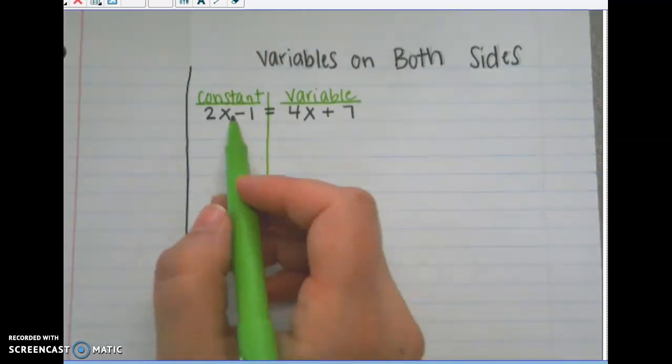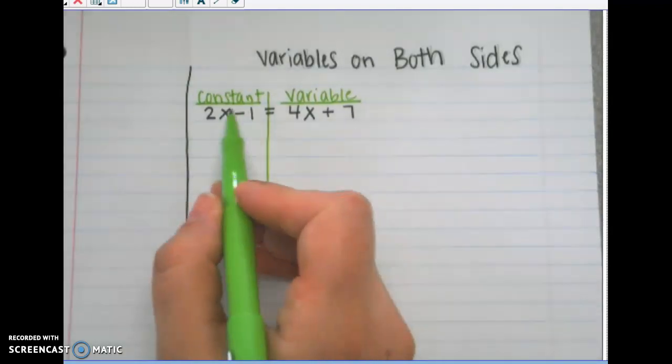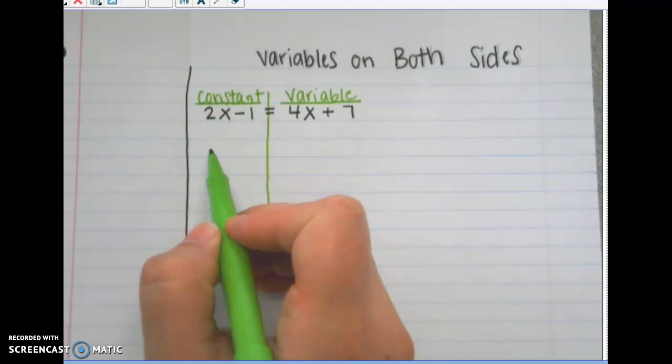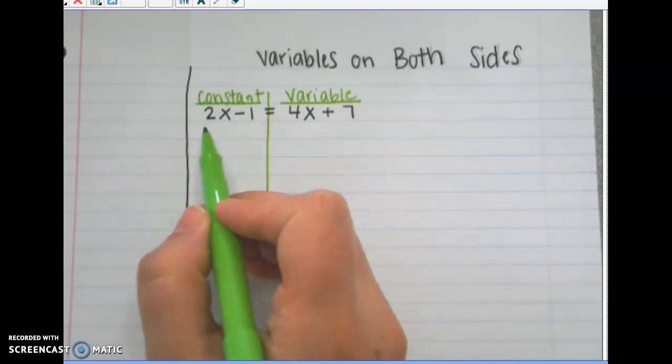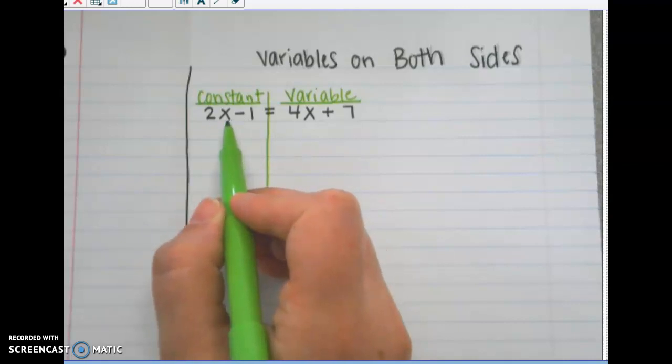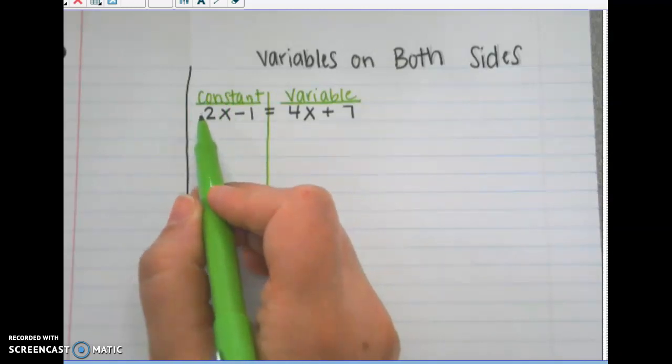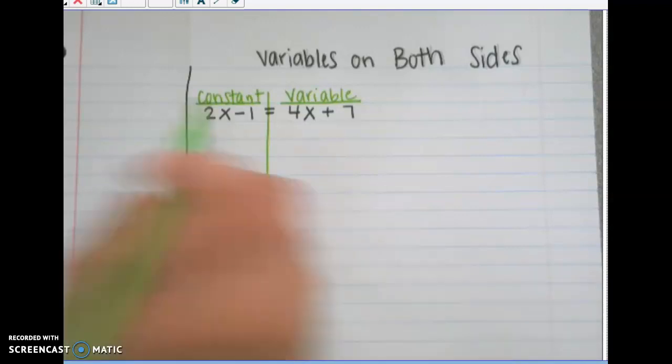So to figure out what I'm going to cancel out, I'm going to start over here on my constant side and see which term doesn't belong. So the term that doesn't belong is 2x. It has a variable and it's on my constant side. So I'm going to cancel out this 2x by looking in front and seeing that it's positive.